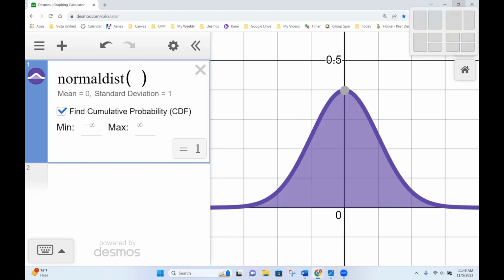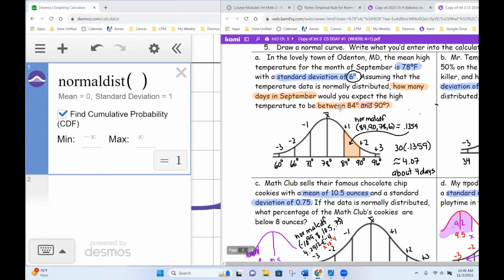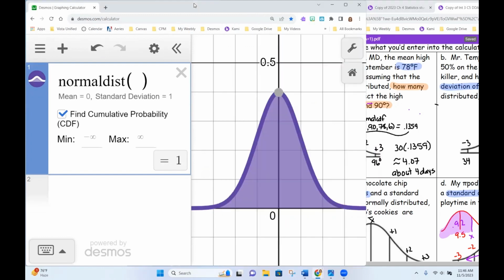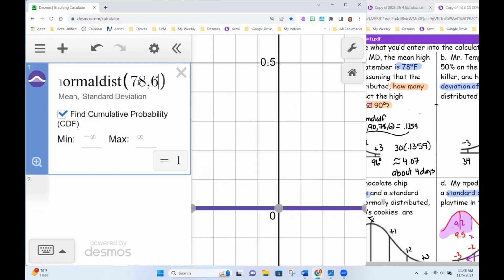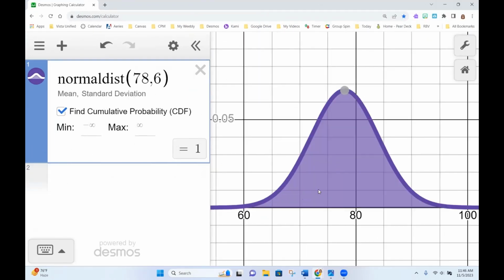Now, ours is not a standard normal curve, okay? For us, we have a mean of 78 and a standard deviation of 6. So I am going to put in a mean of 78 and a standard deviation of 6. Now when I look at this, it will show it adjusted, and we'll see that this is up at 78.